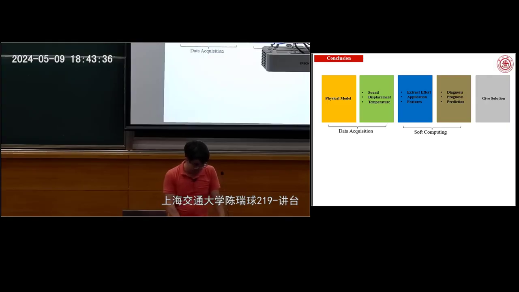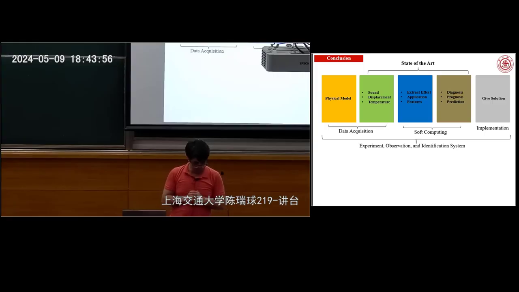So two blocks are data acquisition. Blocks number 3 and 4 are soft computing. And the last one is implementation to get data. So the state of the art of all activities is blocks number 2 and number 4.